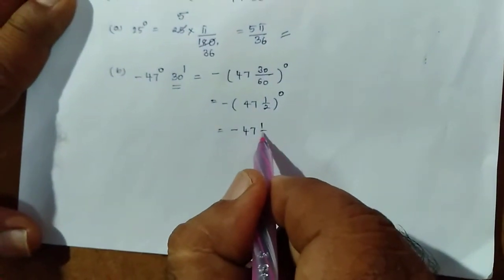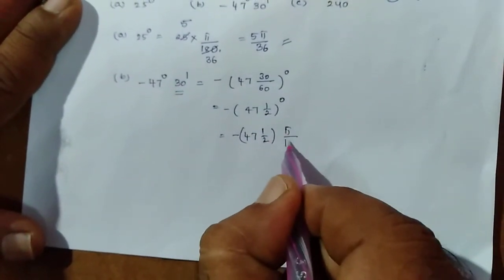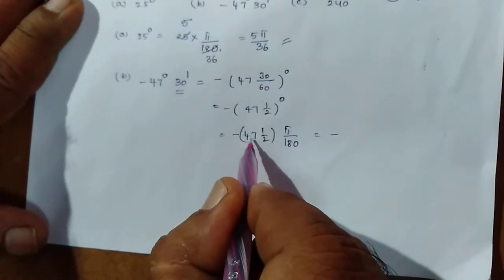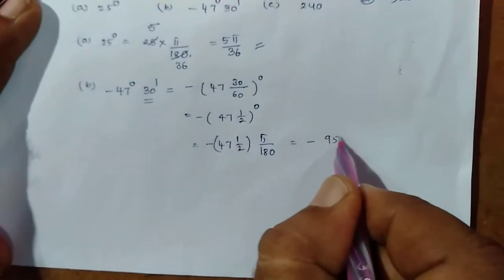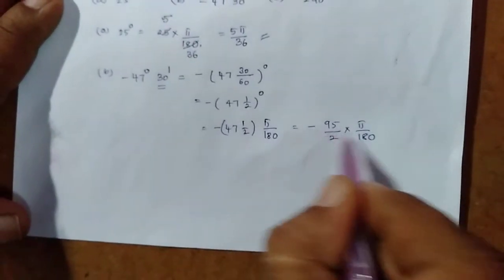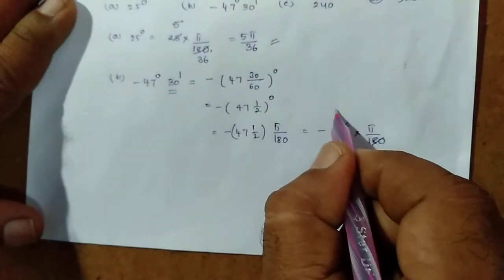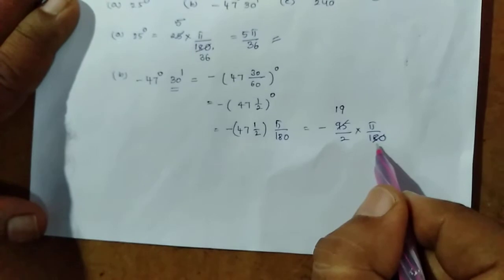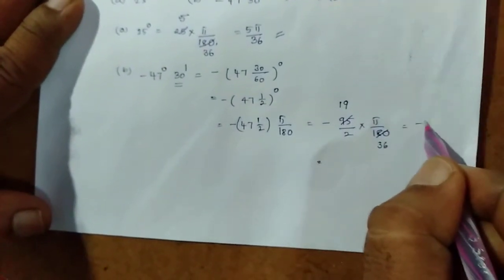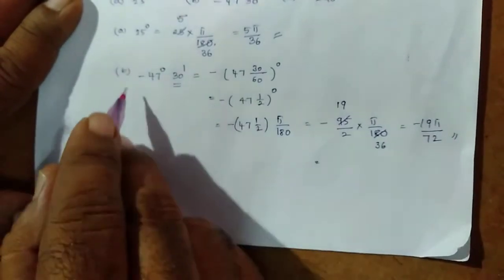This is 47 1 by 2 multiplied by pi by 180, or minus 95 by 2 into pi by 180. Cancelling, 5 19s are 95, 5 3s are 15, 5 6s are 30, so minus 19 pi by 72. That is the equivalent radian measure.